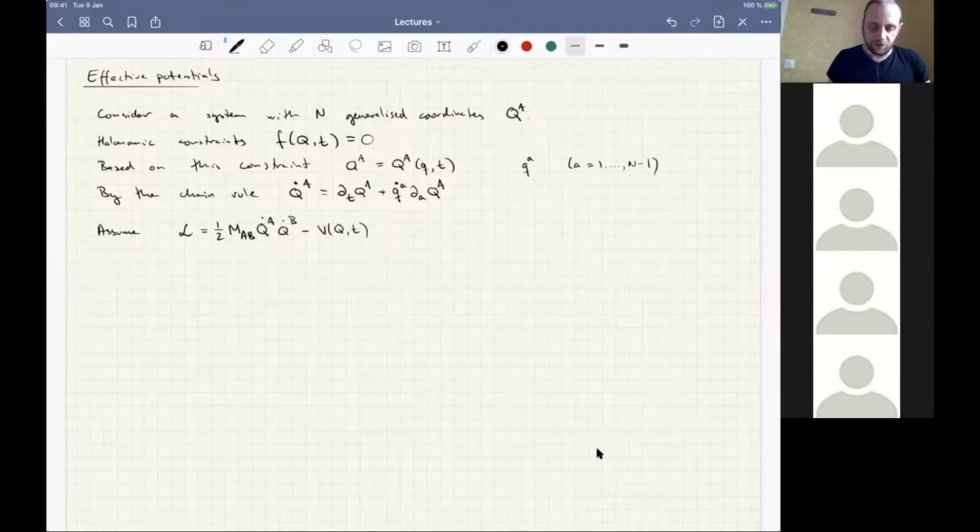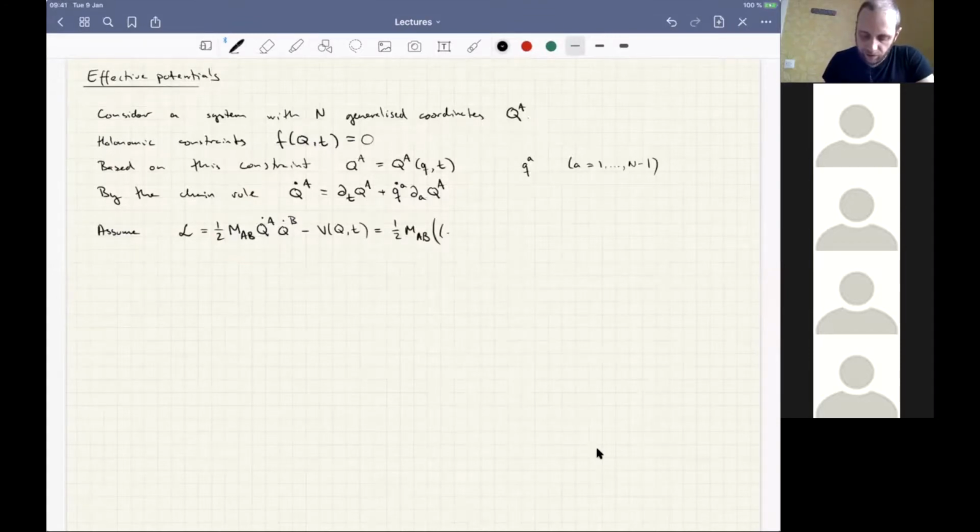Now, if we have this constraint, then we can rewrite this by using this relation that we have from the chain rule. If I just insert this into this Lagrangian, what we will end up with is the following. So 1/2 M_AB will still be there.